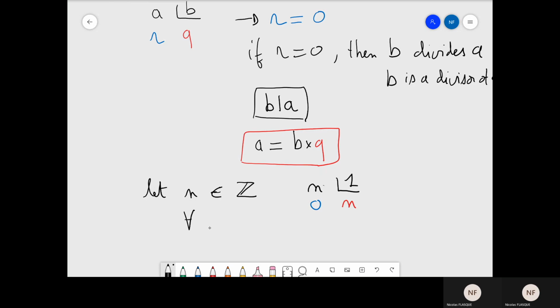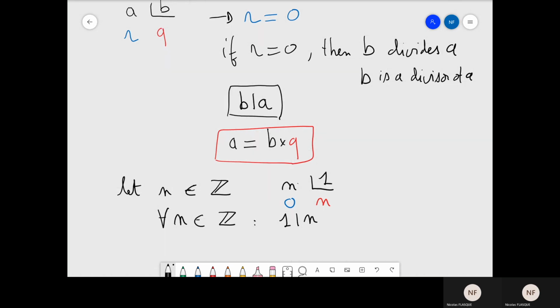So for all integer numbers n, 1 divides n. Let's do another quite simple Euclidean division: n divided by n. The quotient is 1, and the remainder is also 0.